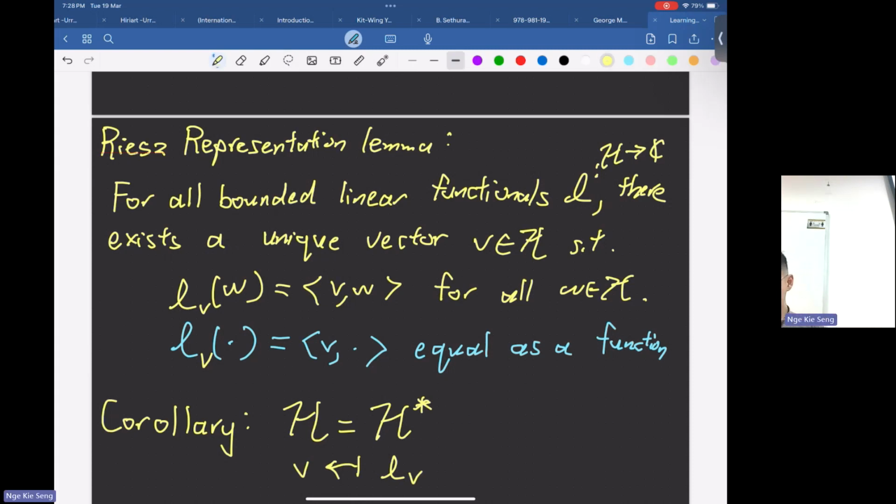And this map is not just a bijection, but a linear map. So it's an isomorphism. This map has a nice property: it's linear, respecting vector addition and scalar multiplication.